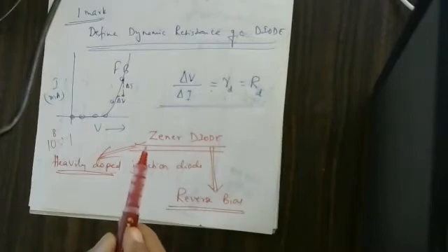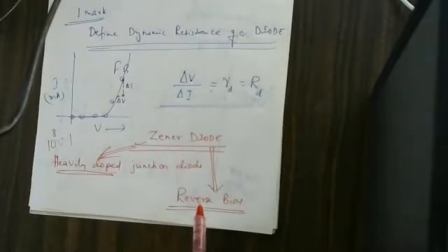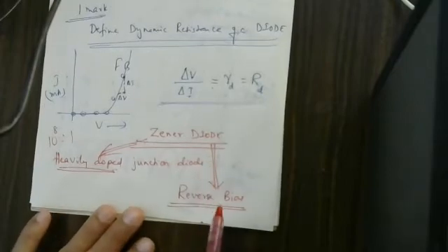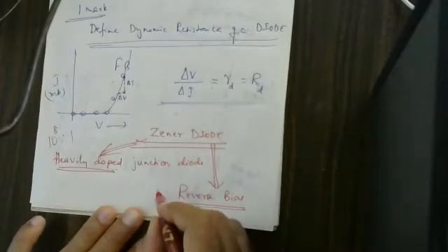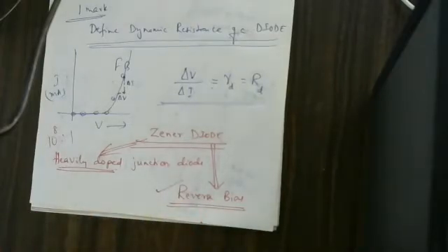Now, in the case of Zener diode, we are connecting the Zener diode only in the form of reverse bias condition. Under reverse bias, it will work for a long time interval without spoiling. Zener diode is not going to get spoiled. It's going to work for a very lengthy time interval without getting damage.